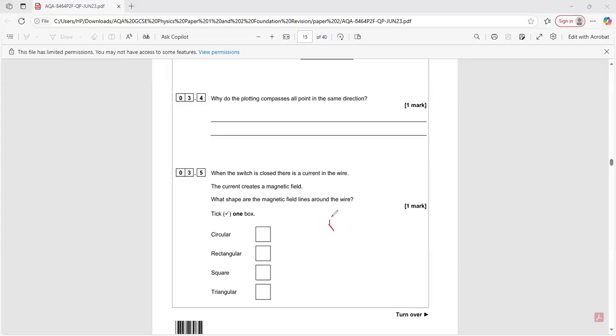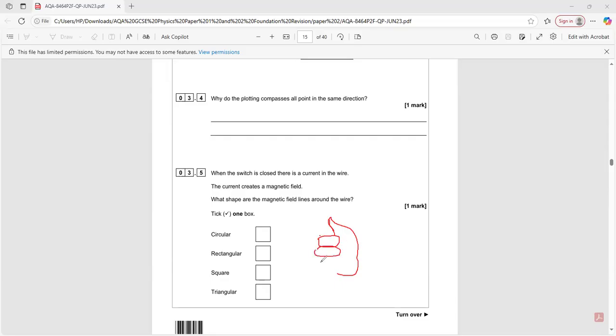Okay, let me just see if I can sketch, right? It looks something like this.